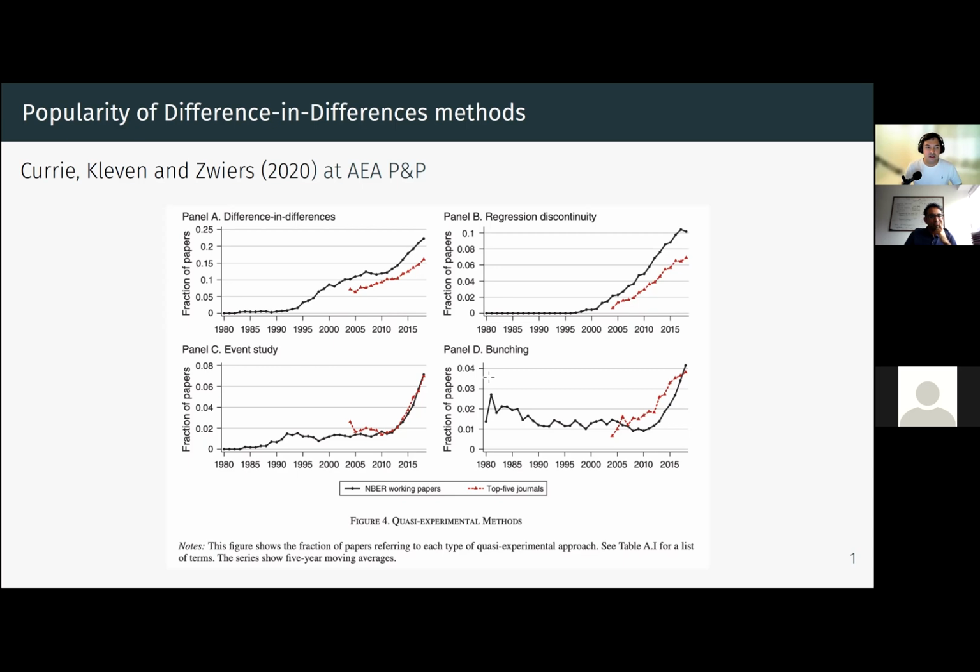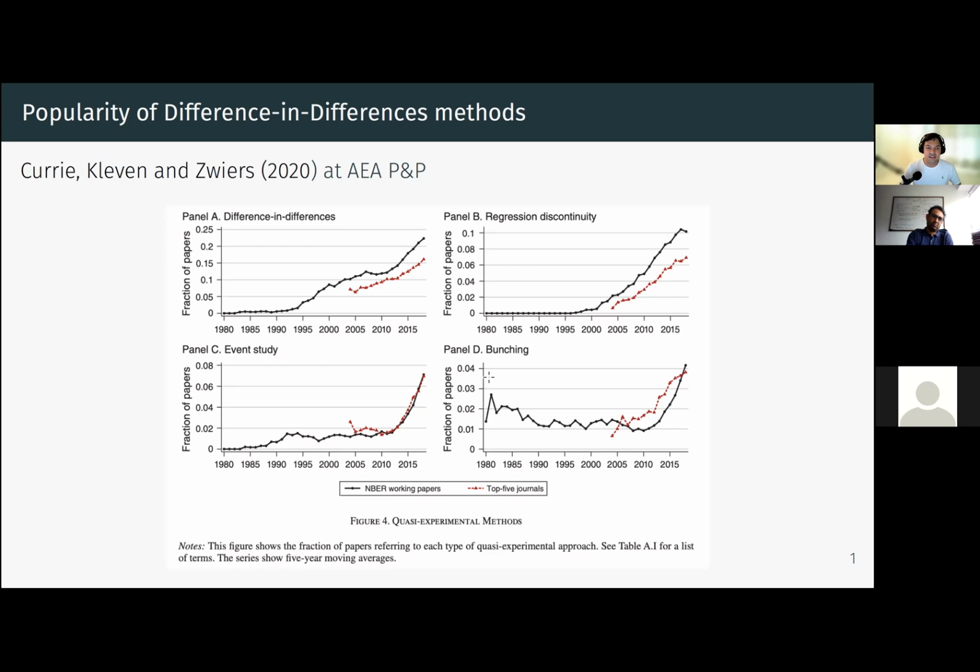I saw this very nice AEA-PNP paper that came out last year by Currie, Kleven, and Zwiers. They did a text analysis, a search on all NBER working papers and all top 5 journal papers, restricting attention to empirical papers.